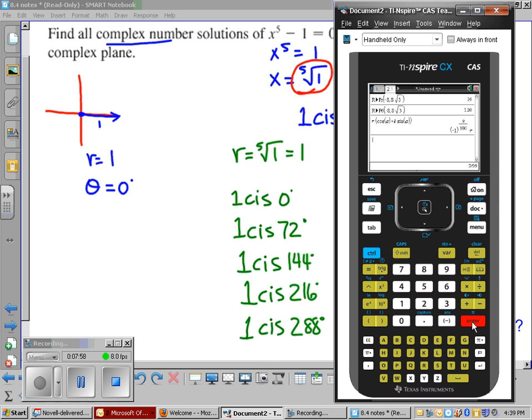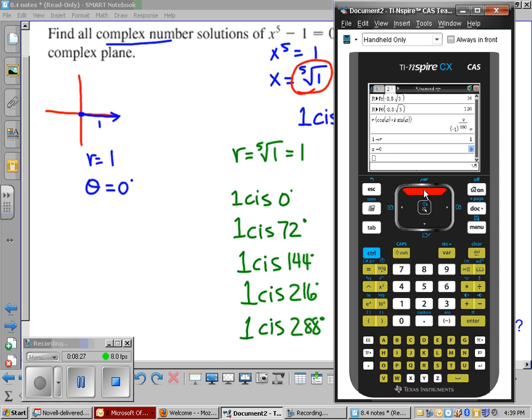Now I want to store my particular r value, which is 1. I want to store that to r. And then I want to store my first theta value. So you can define that instead of storing it if you want to. It doesn't matter the order that you do this. So A is defined as 0, and my calculator is in degrees.